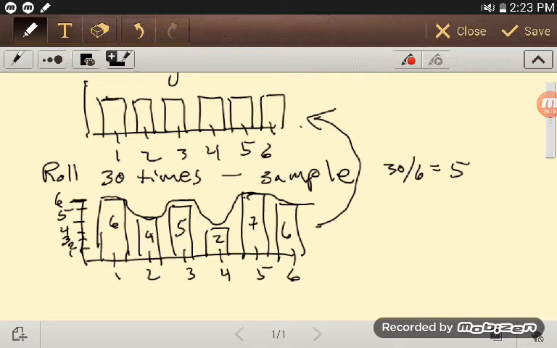And so if I were to do this a bunch of times, I would expect lots of things that look sort of like the top here, in that I would expect they'd be wide. Well, what do I mean by wide? Well, 1 through 6.